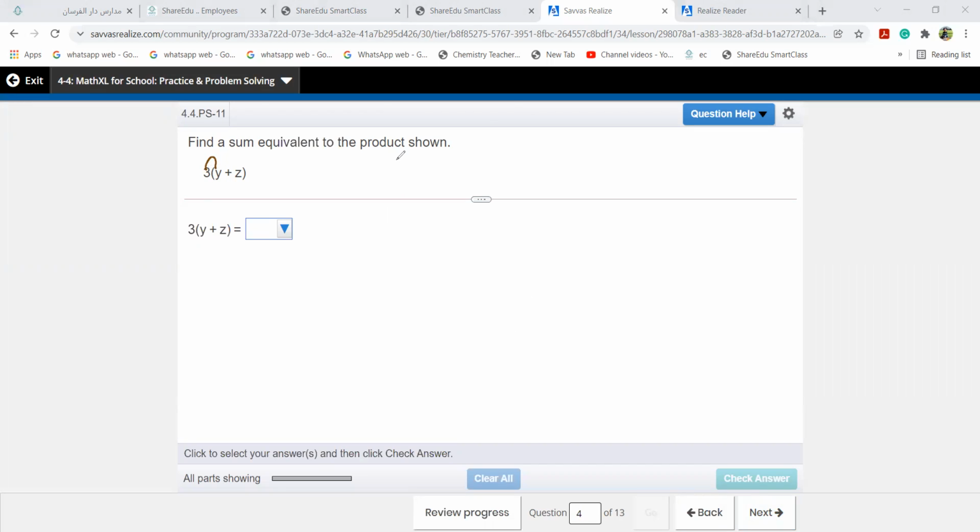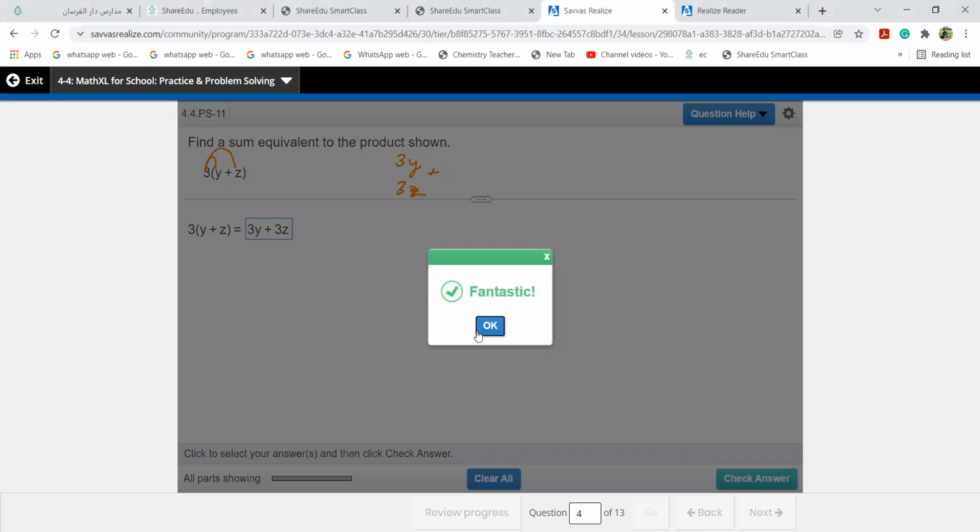Y. See, that's why I just write it. If I multiply 3 with y, I get 3y. Then I'll multiply 3 with? Multiply 3 by z. So you get 3z. Okay, and you plus them. So my answer is 3y plus 3z. Right? Yeah. Perfect.